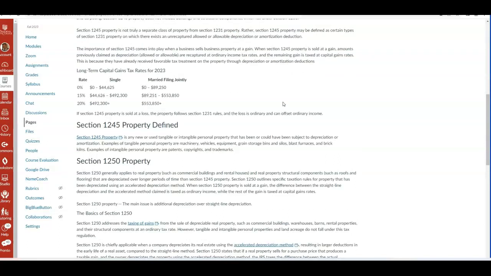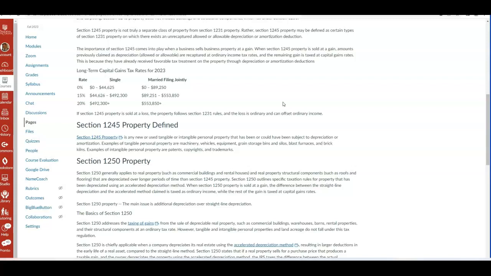And that will be calculated in your software again. All you need to tell the software is what type of property it is, business, building, real estate, machineries, equipment, and then purchase price, the date of purchase, all that stuff, and how much has been depreciated.